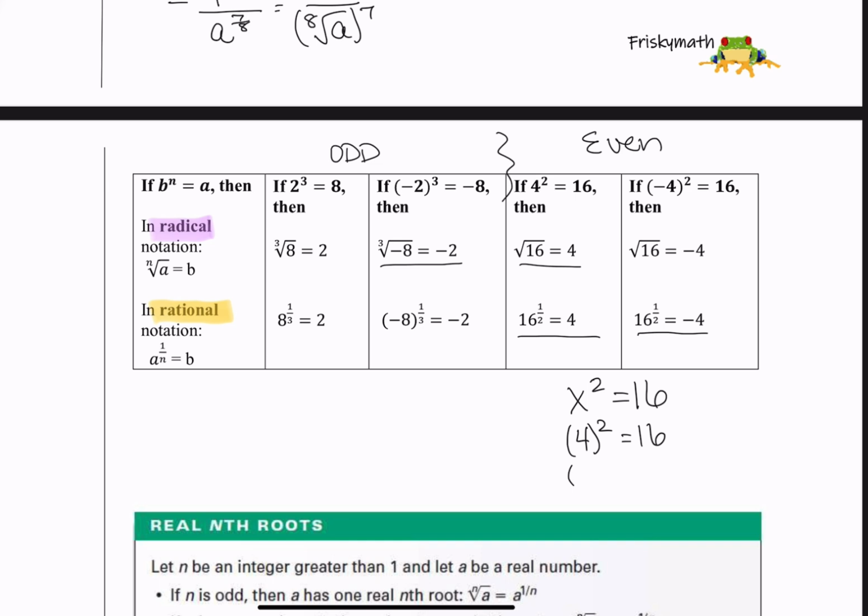The other one happens to be negative 4, because if I square negative 4, I get 16. Therefore, the answer to this equation is actually x equals positive or negative 4. So if you're solving an equation, then you're going to have 2 answers, usually, if you're taking the even root.